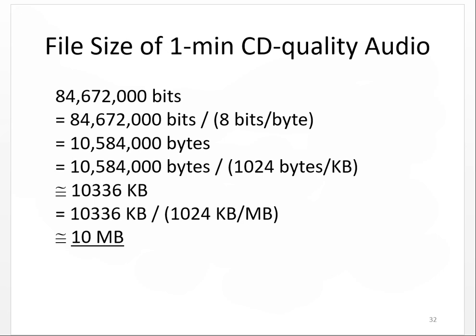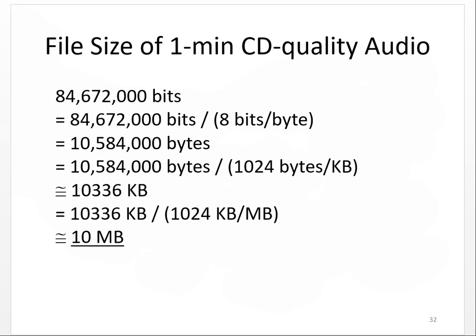Then we convert this whole value into kilobytes. For kilobytes, you know 1 kilobyte is 1024 bytes, that is 2 raised to the power 10. Dividing by 1024, the number converts to about 10,336 kilobytes.